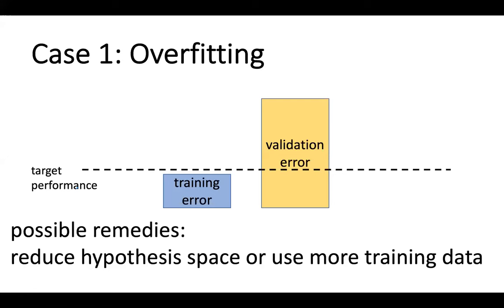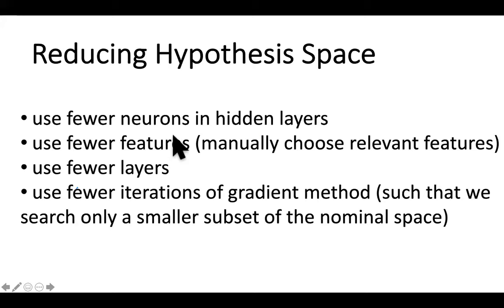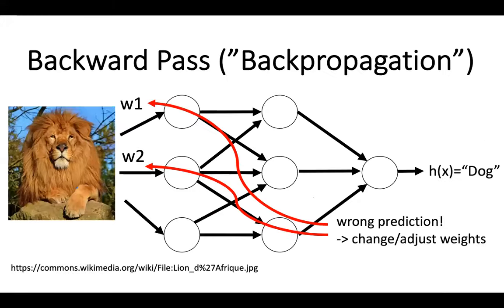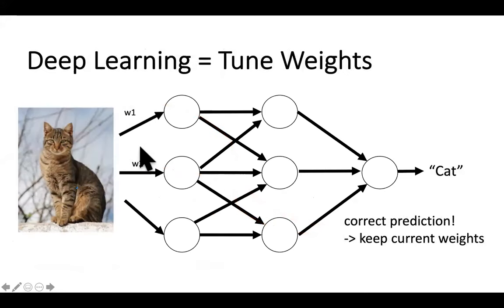So in general, you need the training set to tune the weights of the model, here in this deep neural network, okay? Then you compute the validation error, and you compare the training with the validation error.